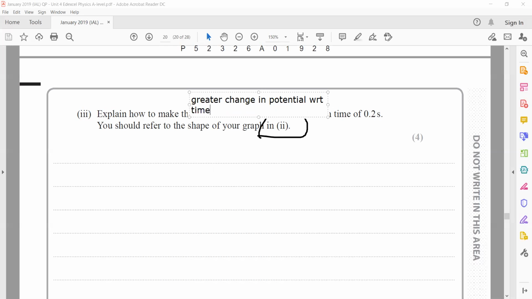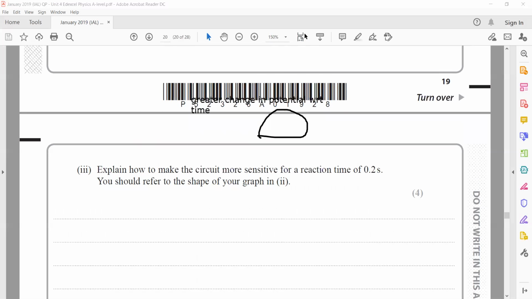Because if the time constant is too small, then the capacitor will discharge instantly and we are not able to record it. This is a capacitor for you.